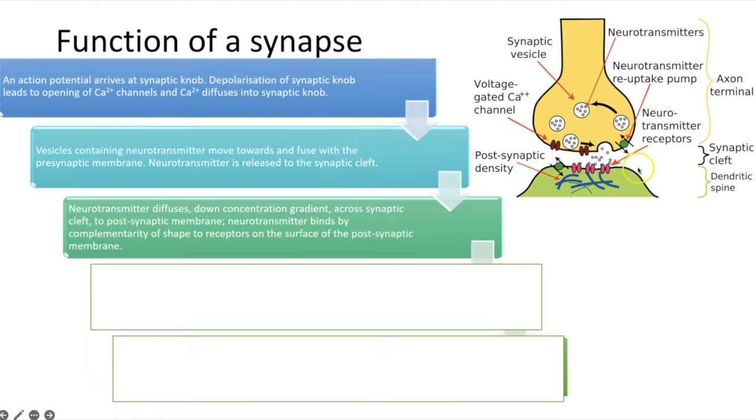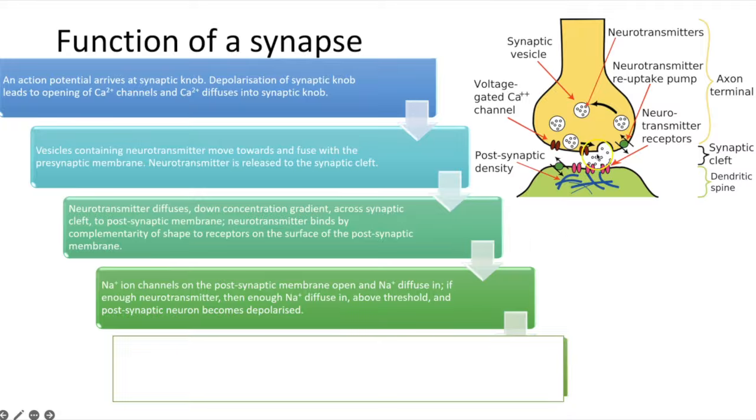And it goes to the membrane of that postsynaptic neuron, which has receptors embedded within that neuron membrane. And those receptors are complementary in shape to these neurotransmitter chemicals. And as a result, the neurotransmitters bind to those receptors. Once they bind to those receptors on the postsynaptic membrane, that causes sodium ion channels on that postsynaptic membrane to open.